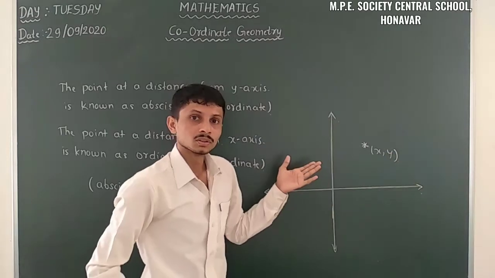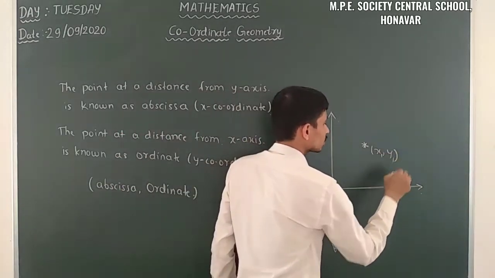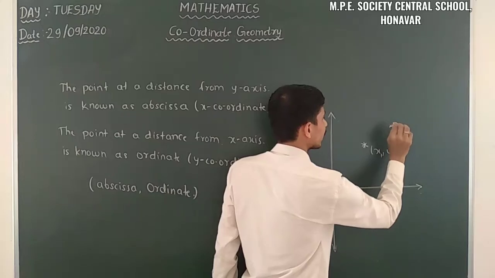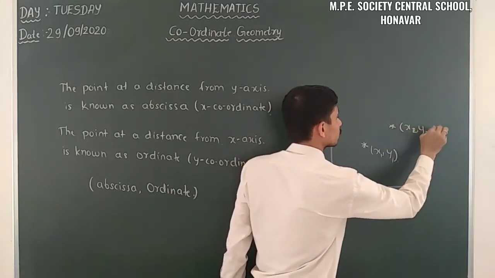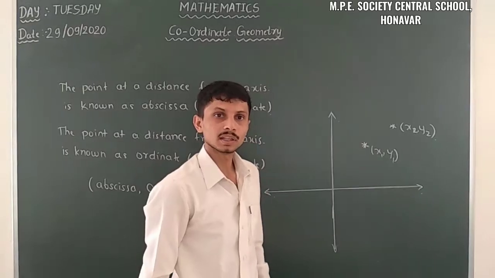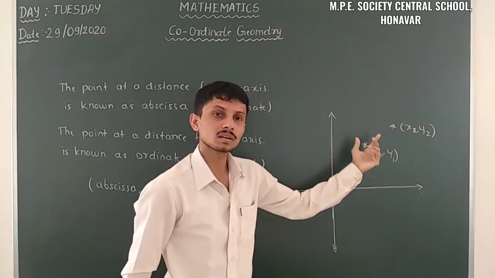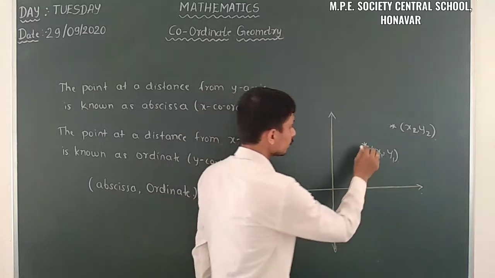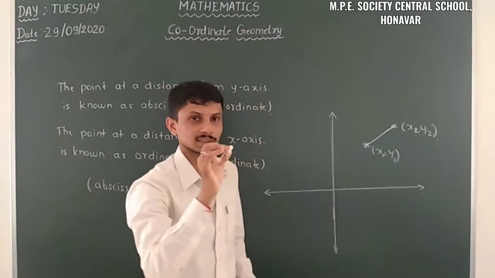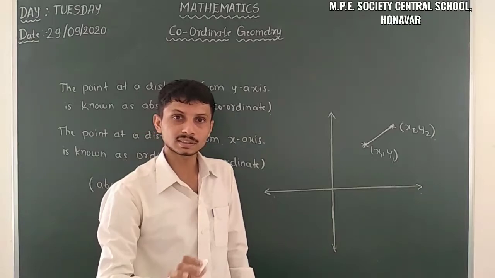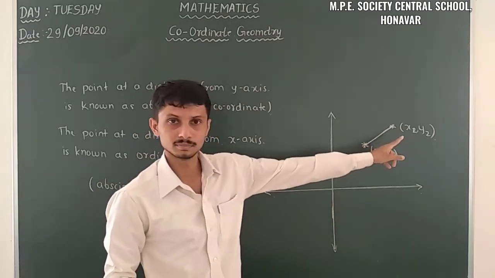Then I will take another point, x1, y1, and here another point, x2, y2. When we take x2, y2, both the points have some distance between them. So in this chapter we have to calculate this distance.